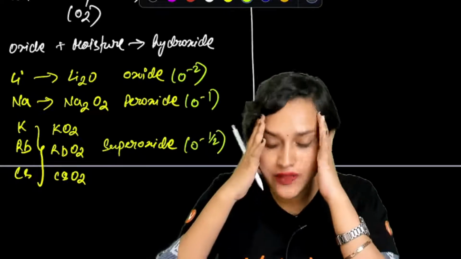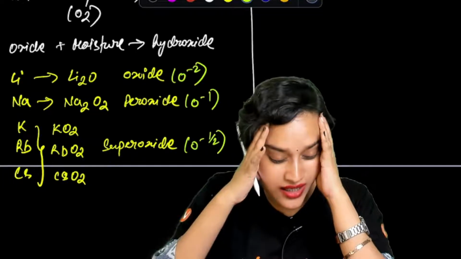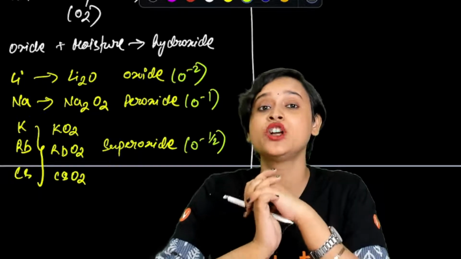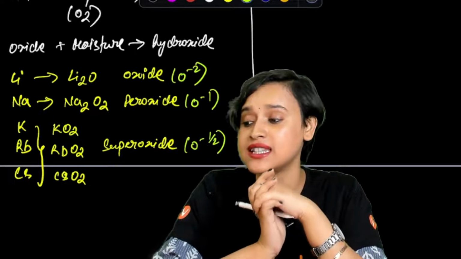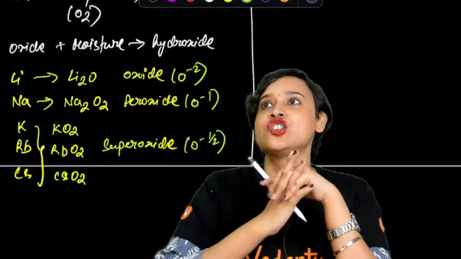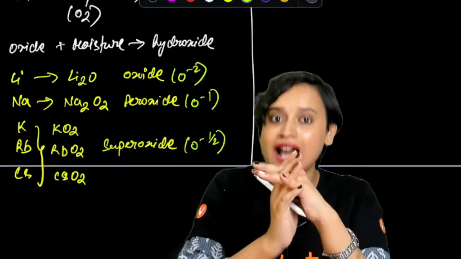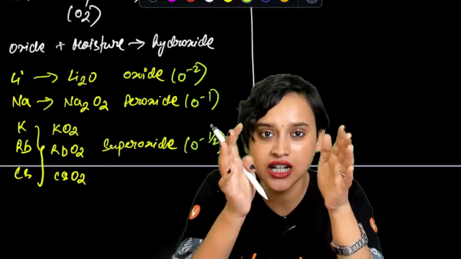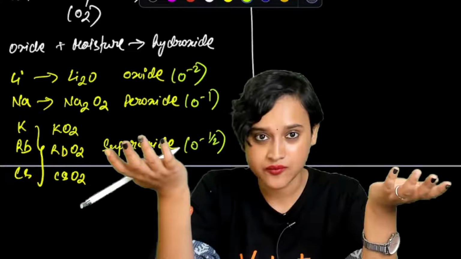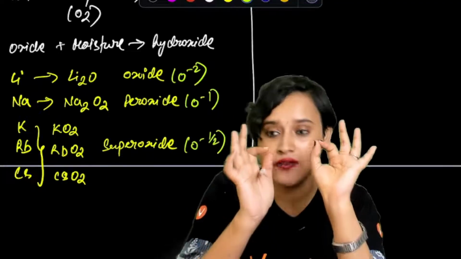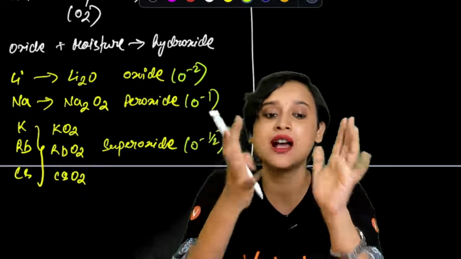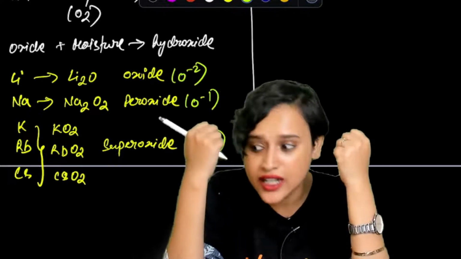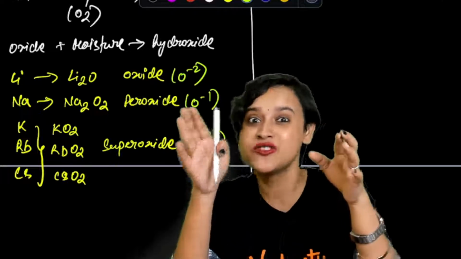I am tired of telling you the syllabus again and again. The syllabus that is removed is from your NCERT CBSE board. Nothing has been removed by NTA for JEE main. So if you are a JEE aspirant, you have to study it. And if you are only aiming for the 75% criteria in your board exam, then you might not have to study it, but otherwise you have to. So please forget about this idea that the syllabus has been reduced.